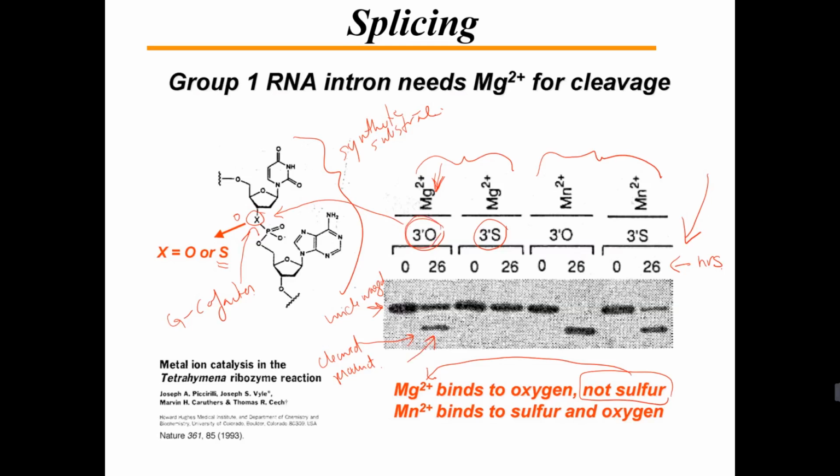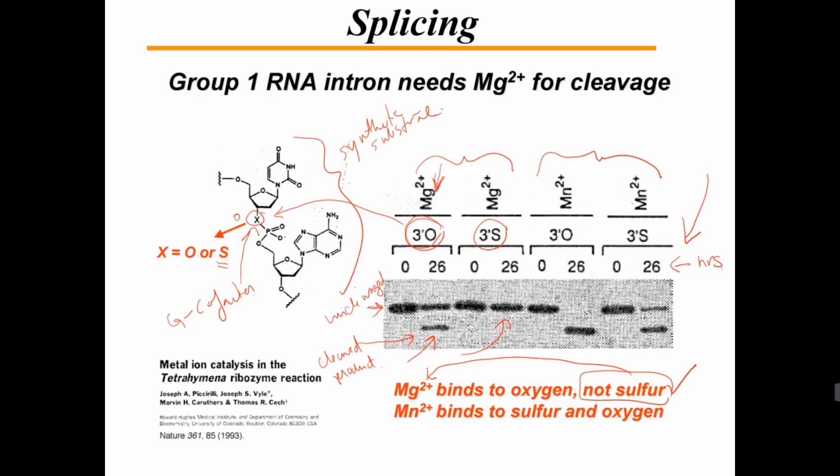Okay? When the atom is changed to a sulfur, we can see that the cleavage to the smaller fragments does not occur after 26 hours. And this essentially establishes that you need magnesium to carry out the catalytic reaction in the active site, specifically because the sulfur atom does not coordinate to magnesium.